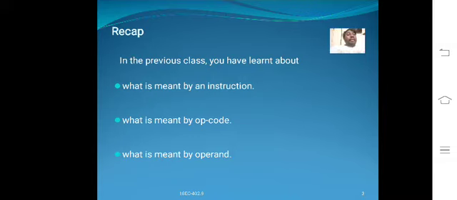Instructions in the microcontroller are in the form of operational codes, the opcodes, and operands. A group of instructions is nothing but a program.